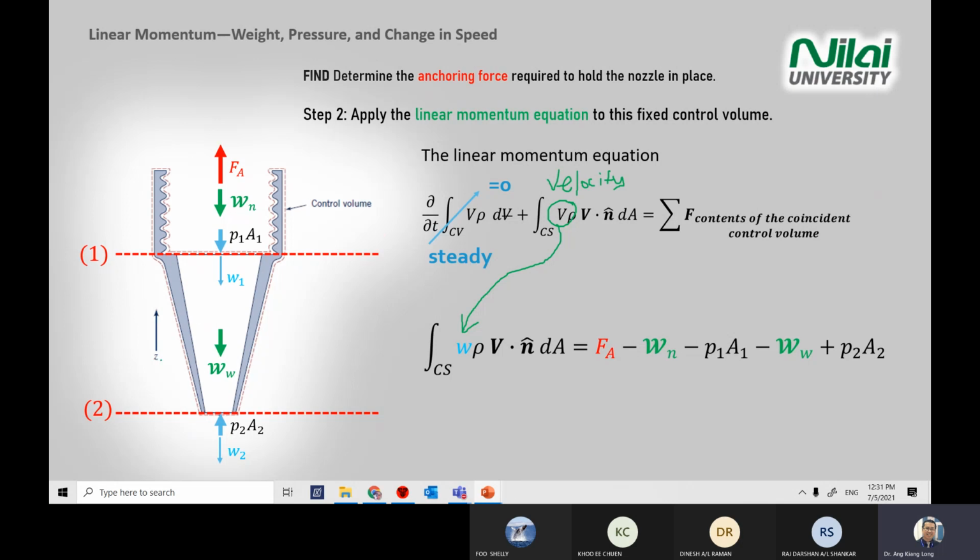In this case, because your Z is going up and you're looking at Z, that's why we use W rather than V, U, and so on. So for Z, we use W, rho copy. This is the vector dimension that we will look at. It depends on your inlet and outlet and all the forces that you have. Later on, the A you copy, okay? So we complete the left-hand side.